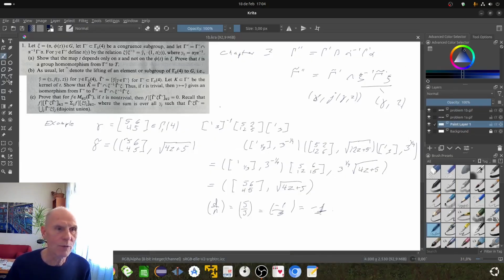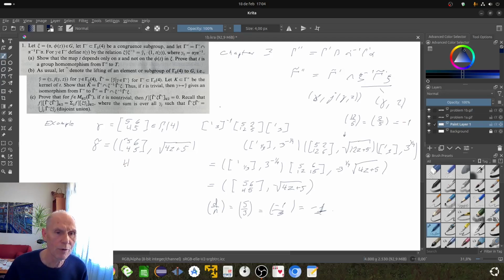Well, I just found it. I forgot the automorphy factor epsilon d I did get, but c on d I didn't. So this we need to add 12 on 5. 12 on 5. 2 is not a square, so that's minus 1.